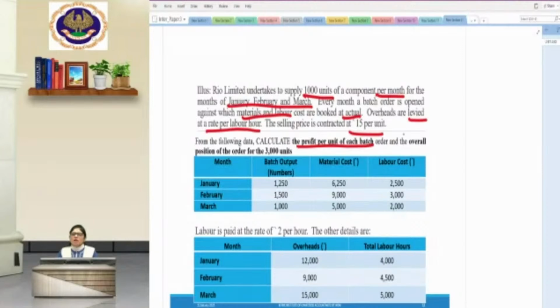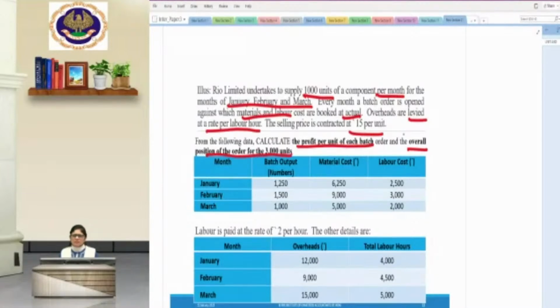That means we should have the total cost and then we should have the cost per batch. And then the per unit also of each batch. So we have to calculate here again per unit also. And overall position of the order for 3,000 units. See what they're asking us to do.